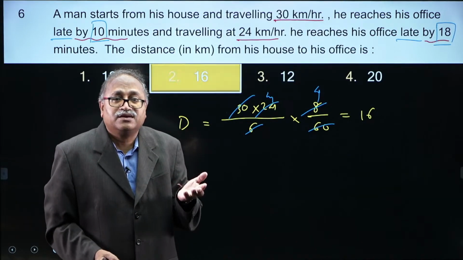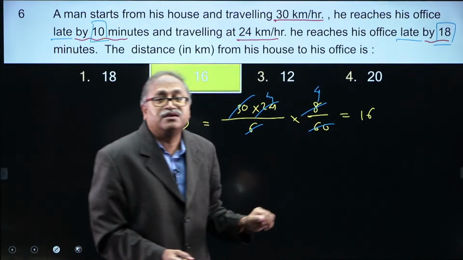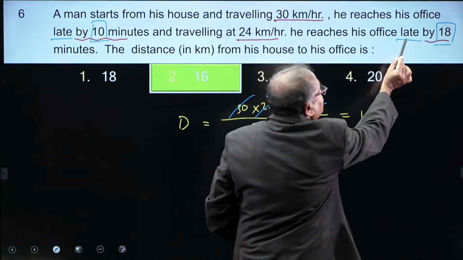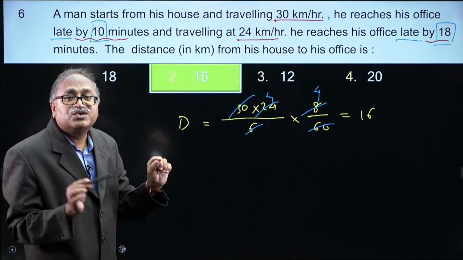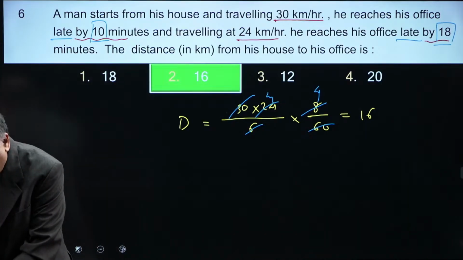See that I missed it, I by mistake wrote here 10 minutes, 18 minutes, in a hurry I wrote it as 28 minutes, but I just missed it, this is late and this is also late. So, the difference is 8 minutes. Well done, sir, well done.